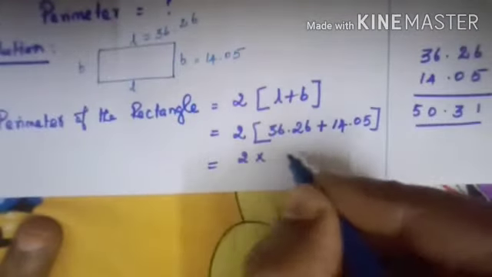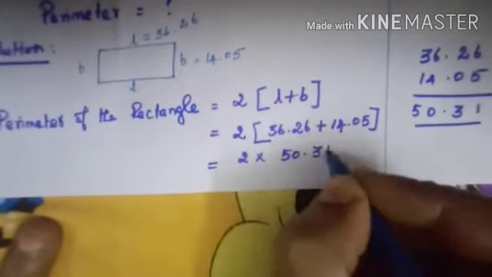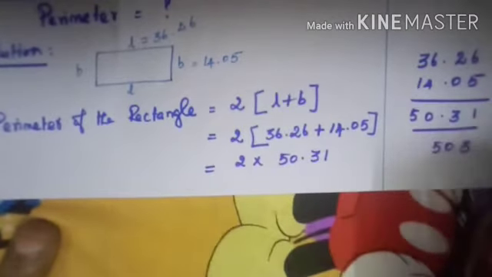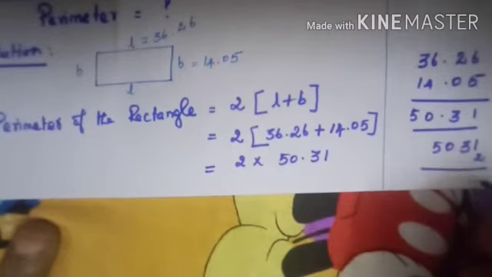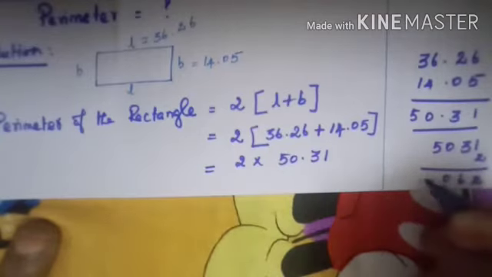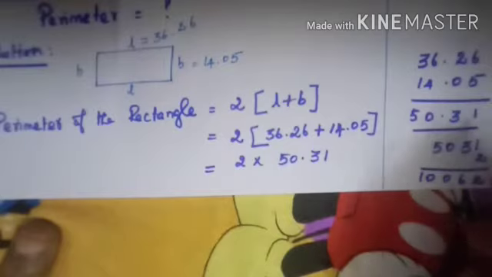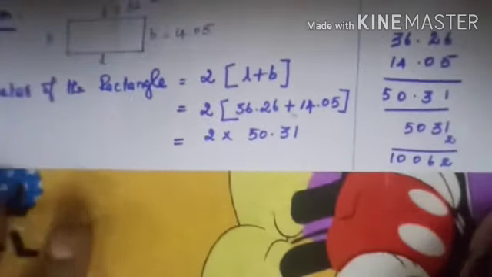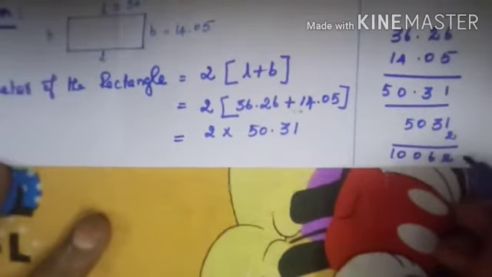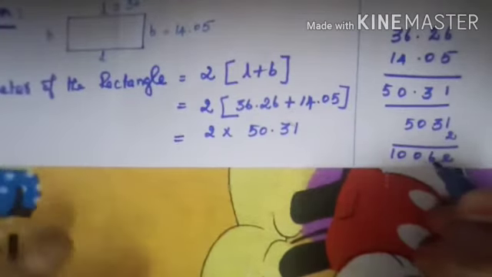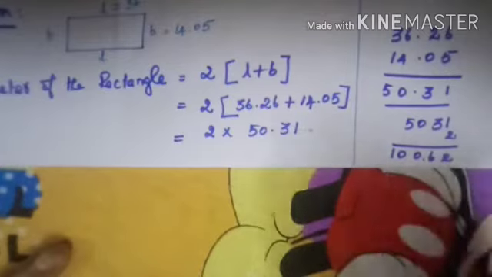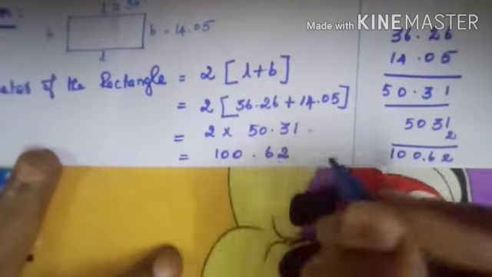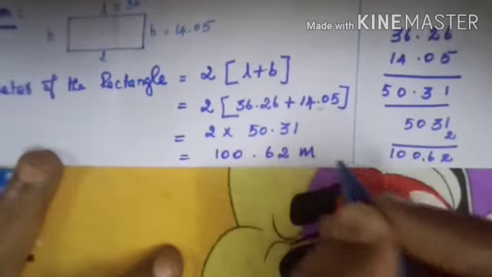Then 2 into 50.31. 5031 into 2. Ignore the decimal point and multiply the whole numbers first. Then keep the decimal point from left to right. So answer is 100.62 meters.